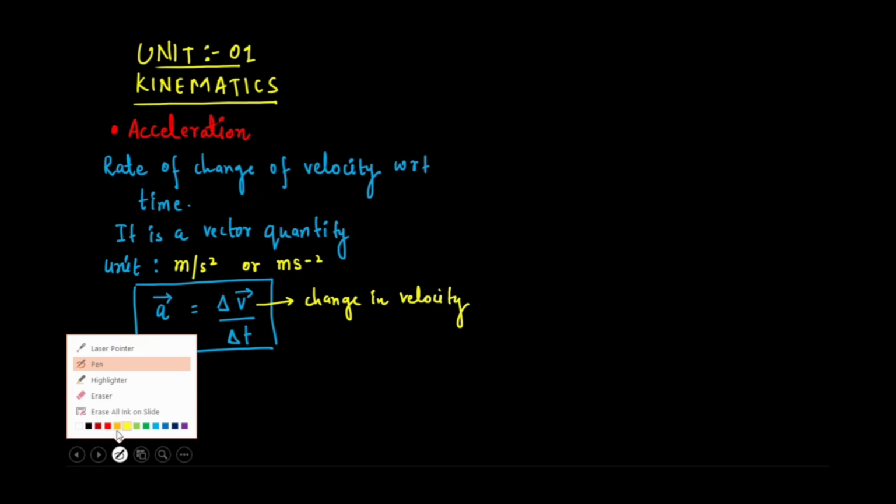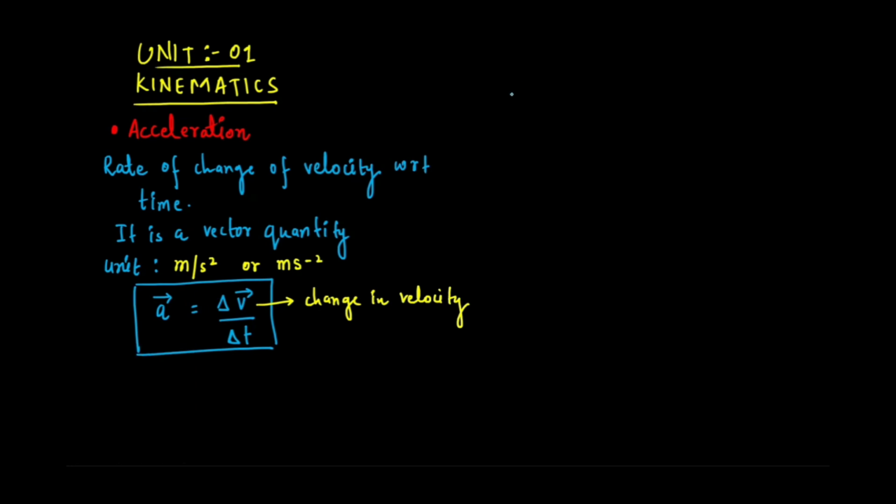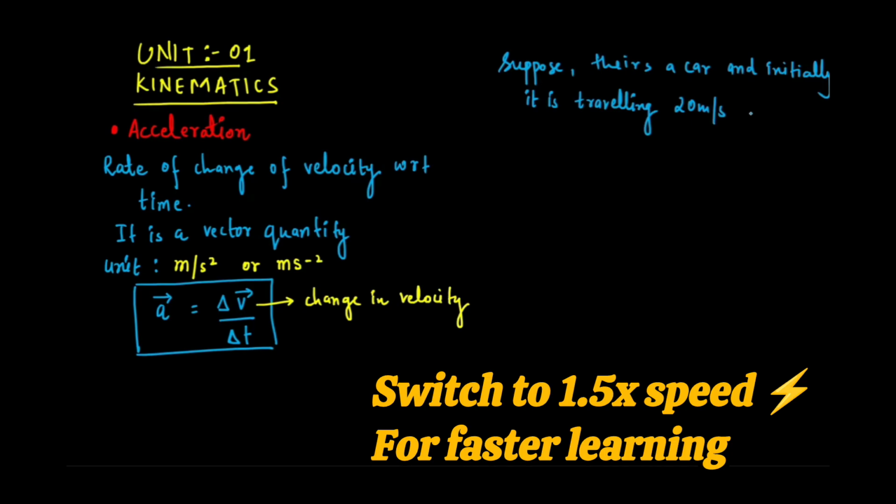Let me give you an example to make you understand what exactly acceleration is. Suppose there's a car, and initially it was traveling with some velocity, I assume 20 meters per second.